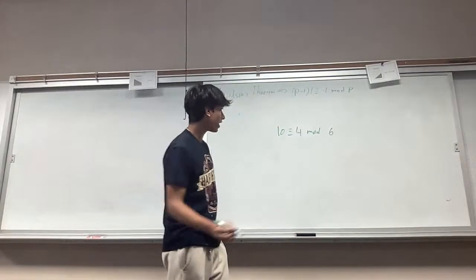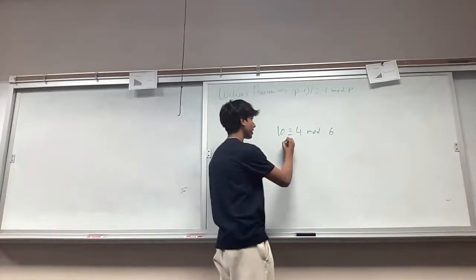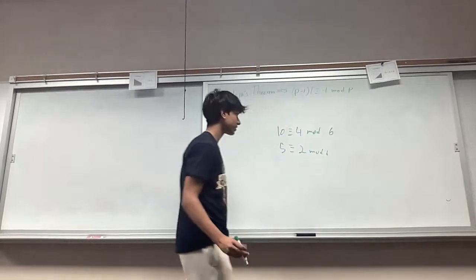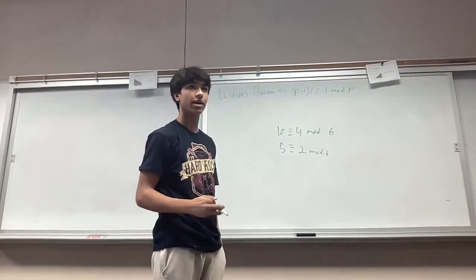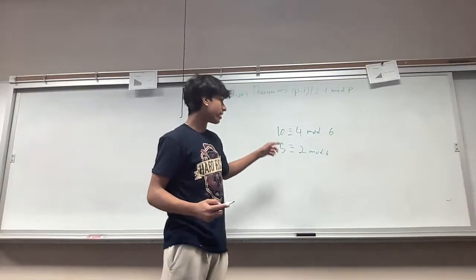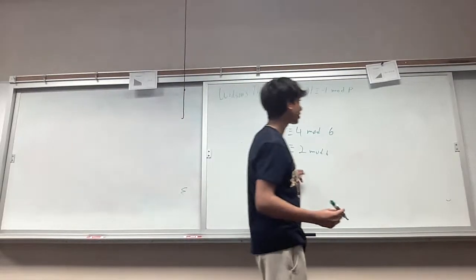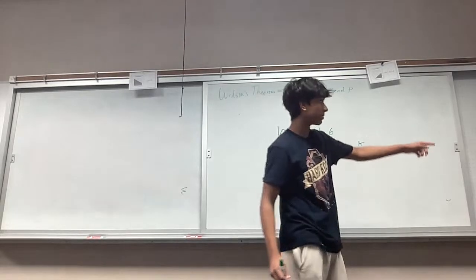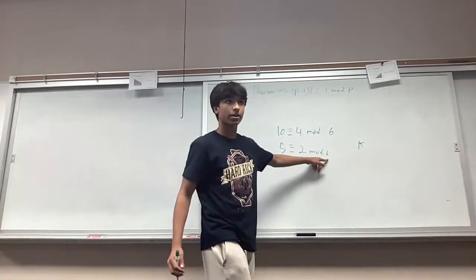Right? If I divide both sides by 2, you'd yield that 5 is congruent to 2 mod 6, but clearly that's not true because 5 is congruent to 5 mod 6, right? So basically you can only divide in mod if the number you're dividing by, the factor k, is relatively coprime to the mod that you're in.